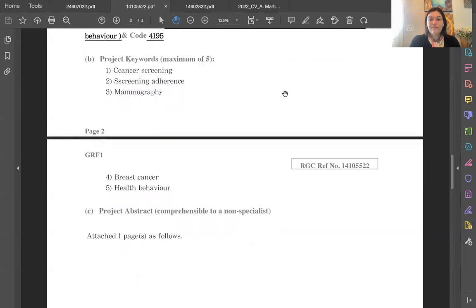Project keywords. Cancer screening, screening adherence, mammography, breast cancer, health behavior. Remember these keywords are generally what you're going to be able to find this under when they actually go to publish the paper, right? So it's important. It's a very nitpicky thing, but I don't love that the cancer and screening is spelled wrong.